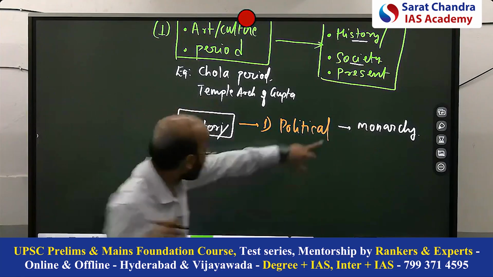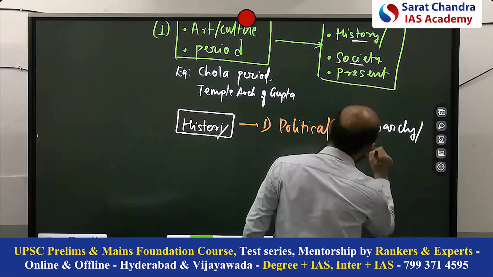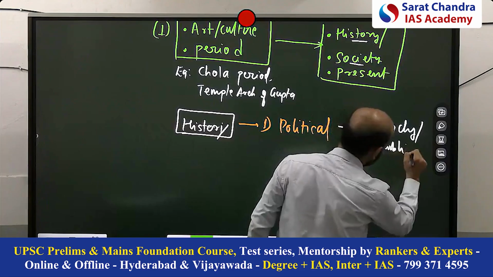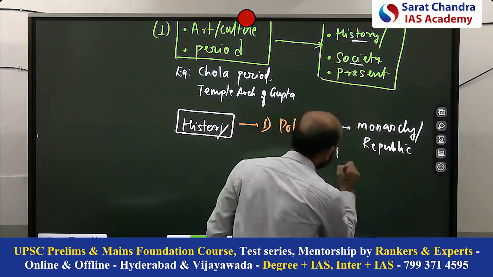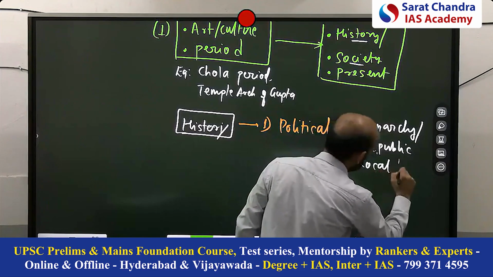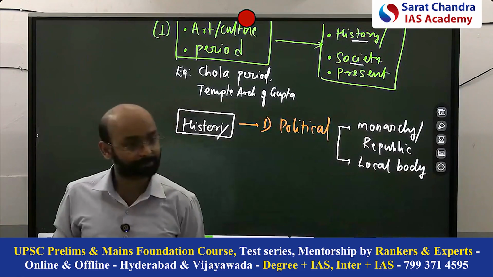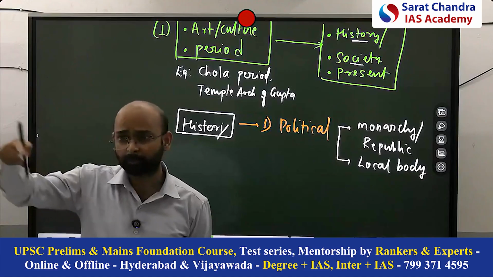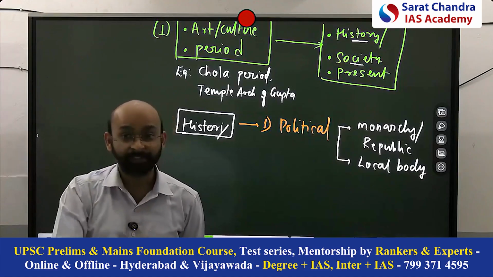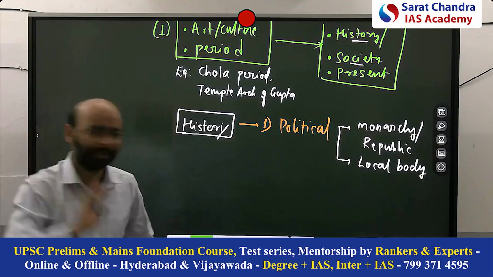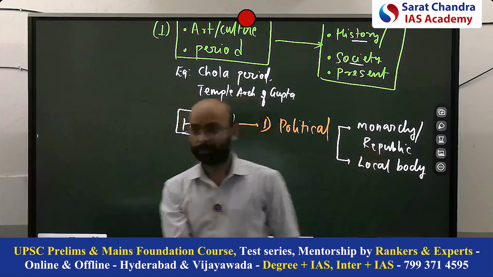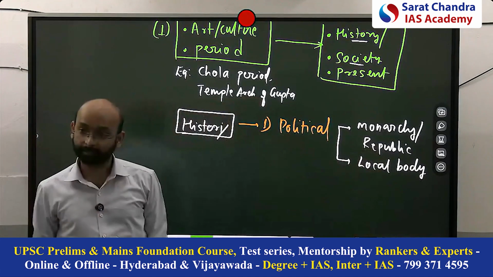So is it monarchy or republic? Are there any local bodies? Especially the Chola Empire is very popular for local bodies. The Uttaramerur inscription is there, which signifies the local body. The point is, there might be some local body, and that is also part of the political.